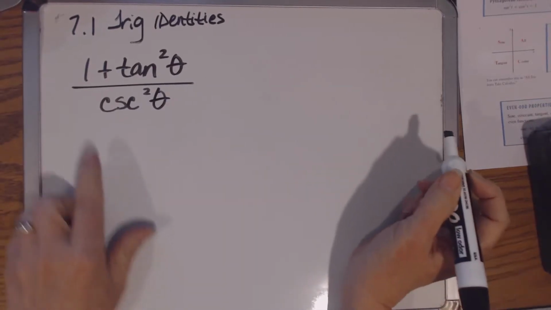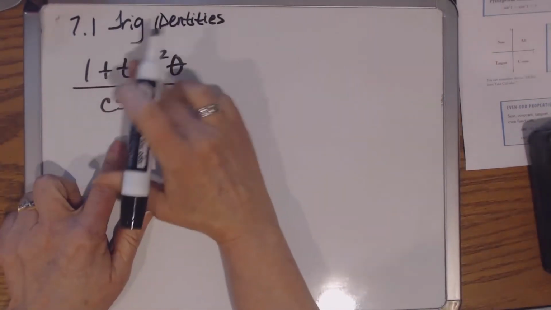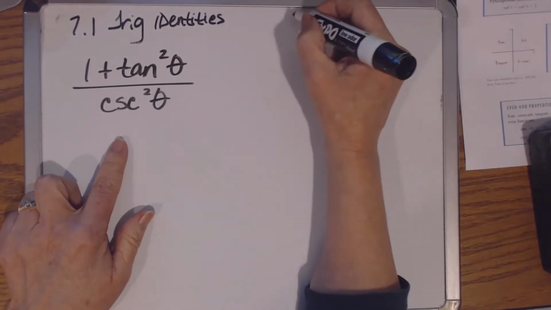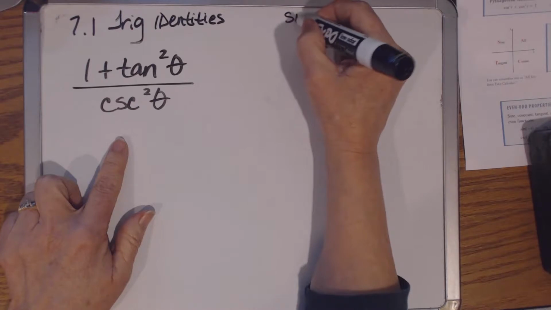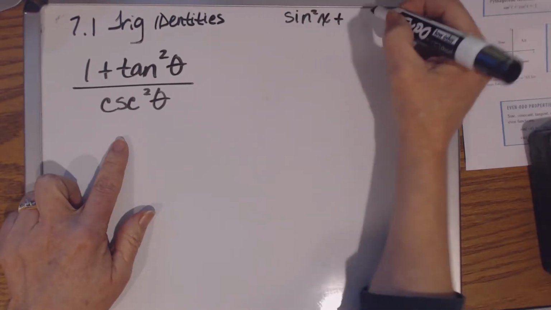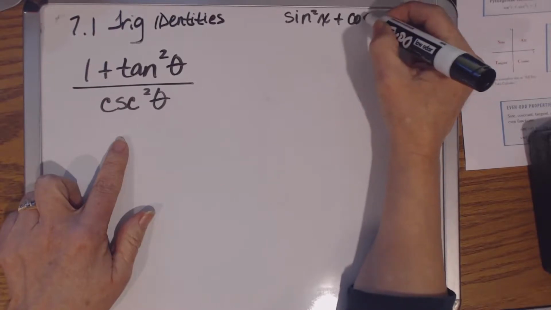Well, with this one, whenever I have a 1 plus or minus a squared function, I should be looking to see if it might work with one of my Pythagorean identities here.